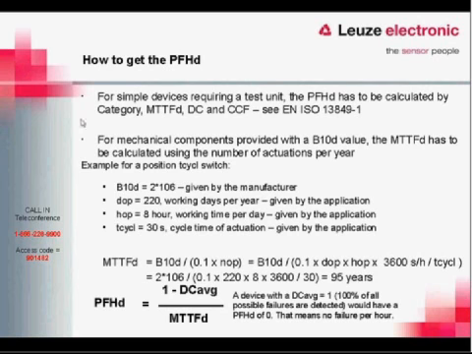So for simple devices requiring a test unit, the PFHD has to be calculated by category, mean time to dangerous failure, and diagnostic coverage. And for that we can look at EN ISO 13849. For mechanical components provided with a B10D value, which normally is provided by the manufacturer, the MTTFD has to be calculated using the number of actuations per year.